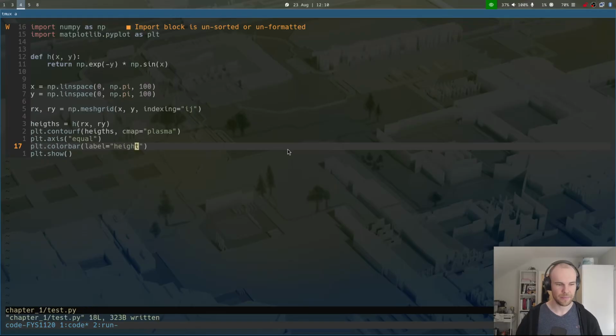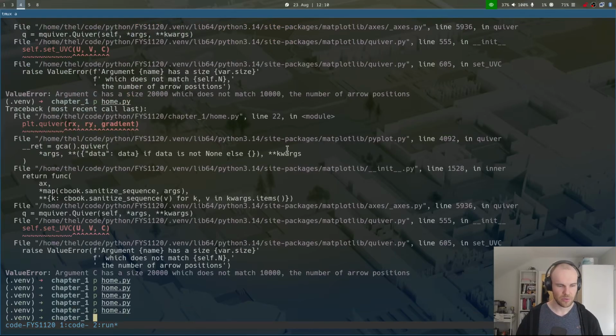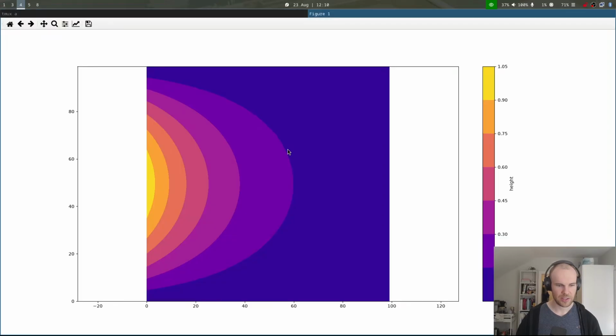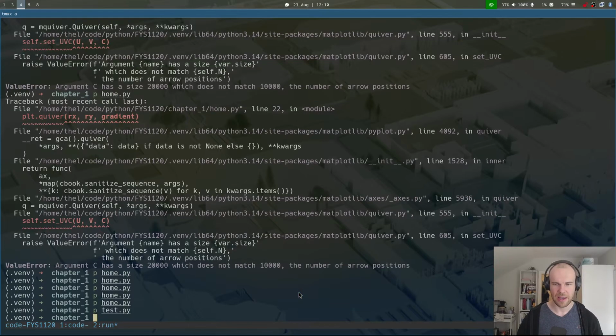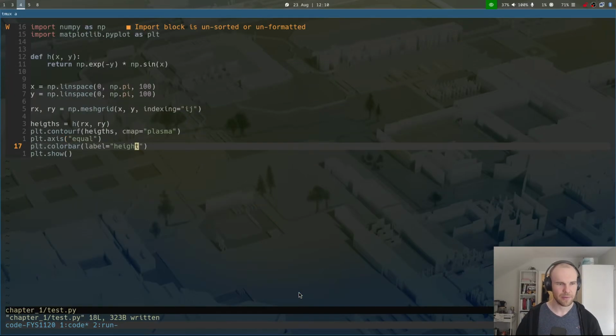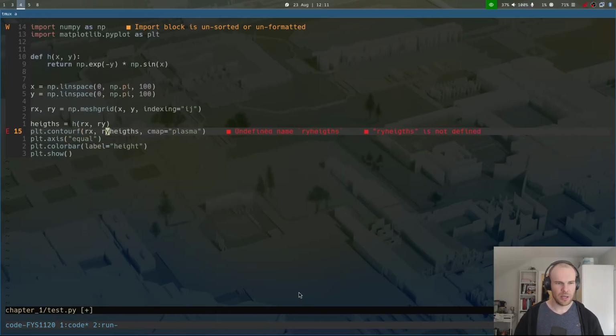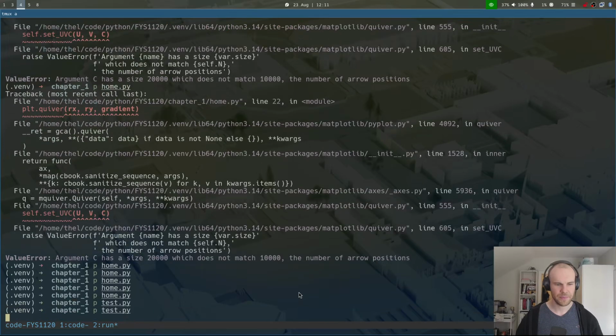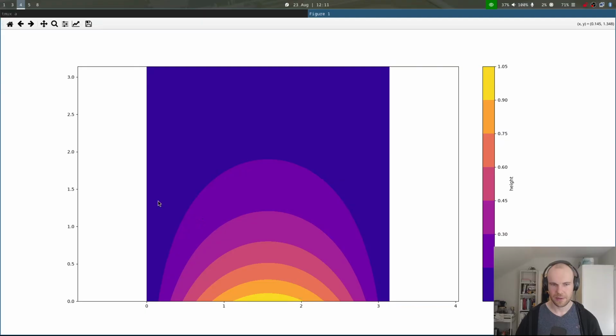Yeah, that should be all right. So plt.pi. Okay, I think that's good, but last time I got that error here. Maybe I have to do Rx and Ry. Let's see. Rx, Ry. Yeah, that is how I want it.